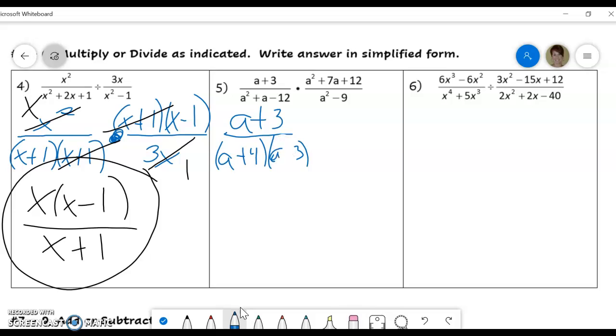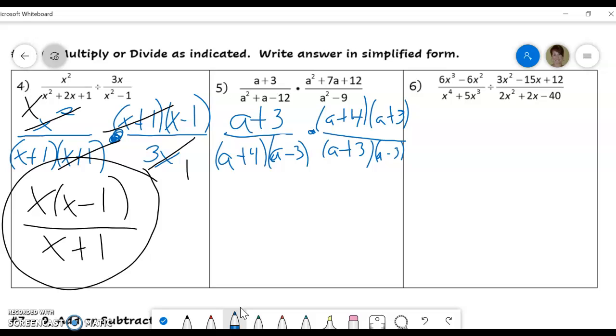That would be a minus 3 because we're looking for a negative 12 product. Okay, that's good. Now let's multiply. I'm going to do the denominator first because I can tell it's a difference of squares and get that out of the way. And then we would be doing a plus 4 and a plus 3.